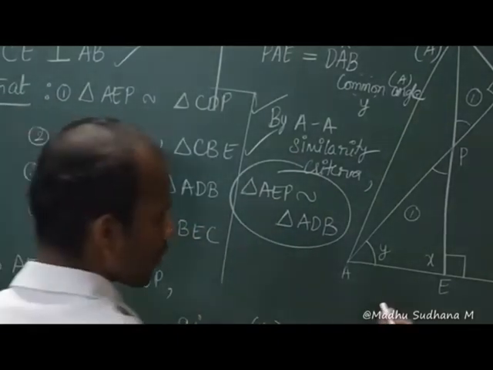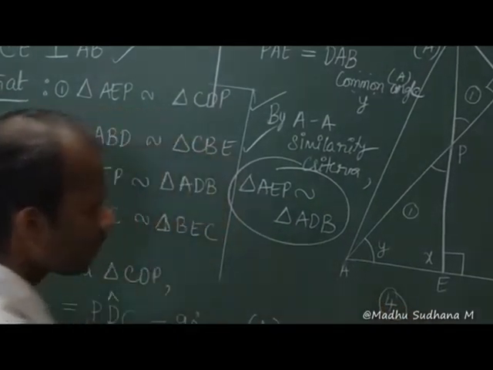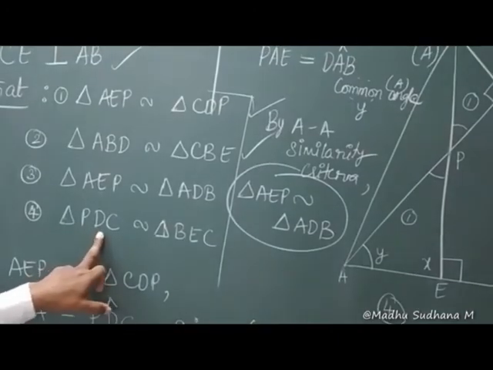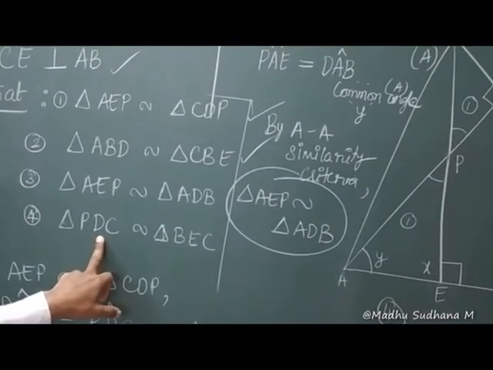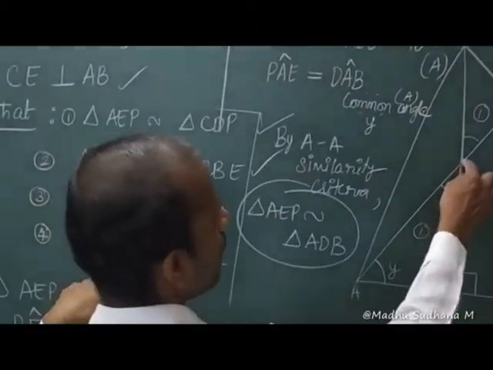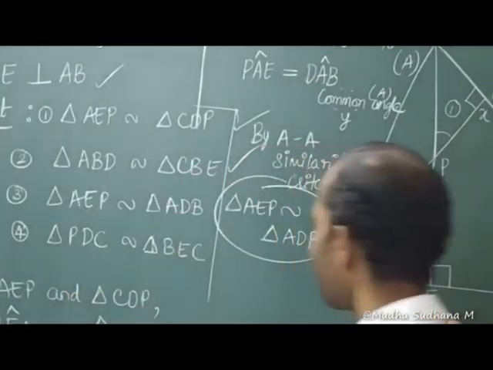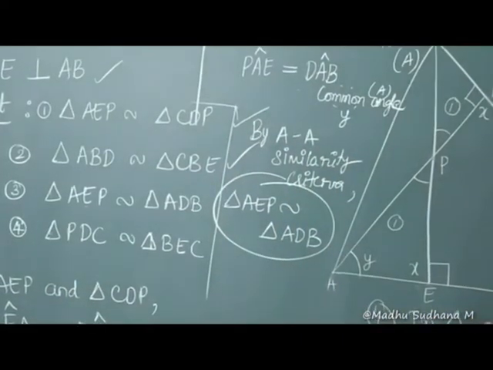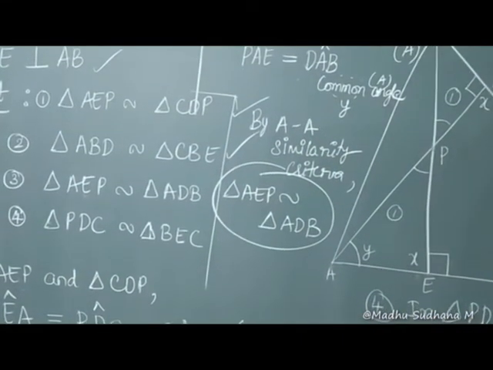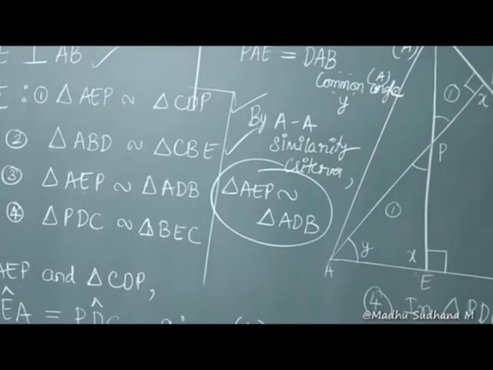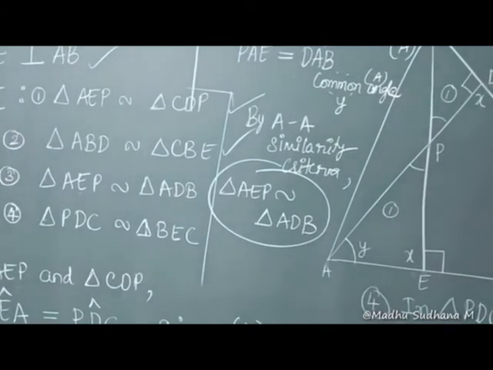So moving to the fourth part. Triangle PDC. So let us check that PDC triangle. So let us write in triangle PDC and one more triangle now, triangle BEC.